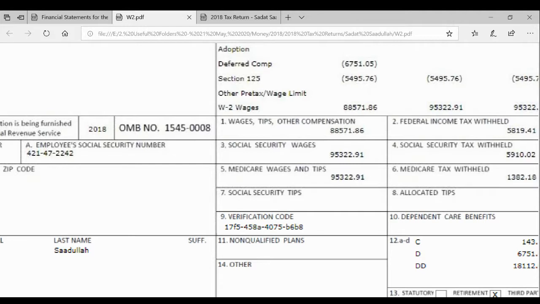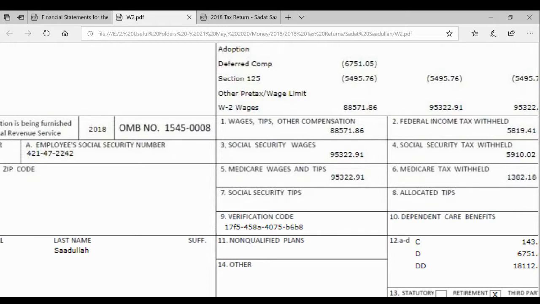So do this calculation, check their accuracy. Multiply this 95,322 times 6.2%. What do you get? What is the number? Right? 5,910, right? So they have done it accurately, right?